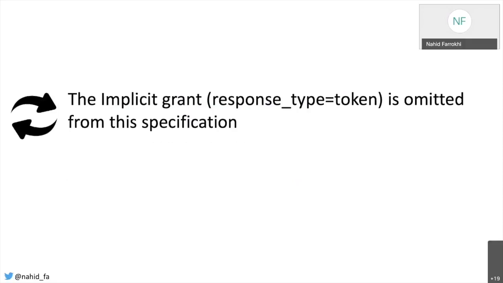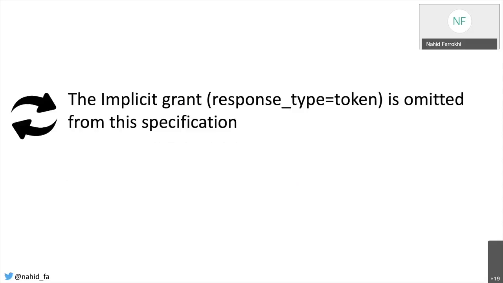The primary reason the implicit grant came into the picture was a limitation in browsers. They couldn't make a cross-site AJAX call, and normally the authorization server is hosted on another domain, so they couldn't do that initial post, which was required for authorization code flow, right?